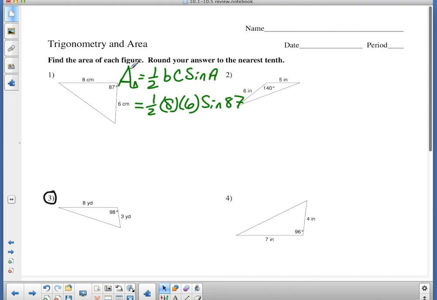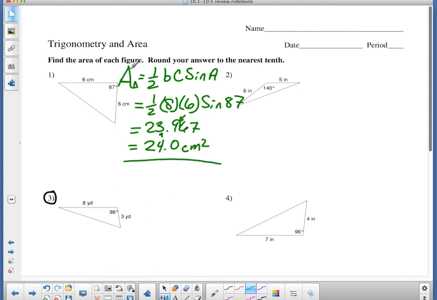Got myself 23.967, and they say nearest tenth. So this answer would be 24.0, because nearest tenth, that rounds up to 0, that rounds up to 4, and this is centimeters squared. And that is my area of my triangle.